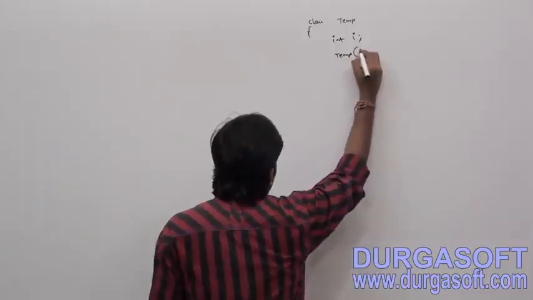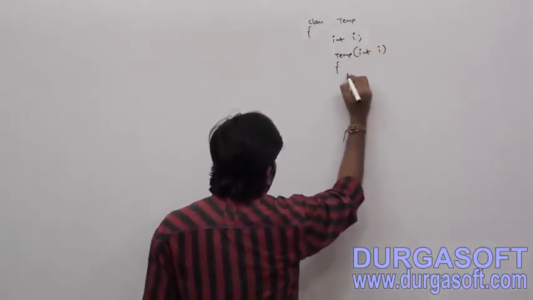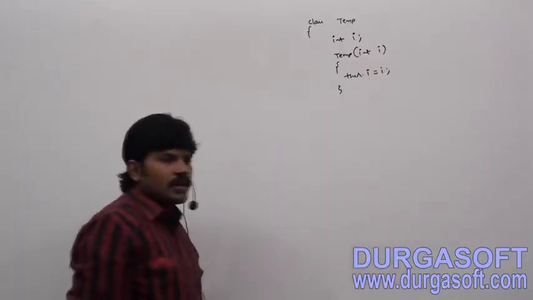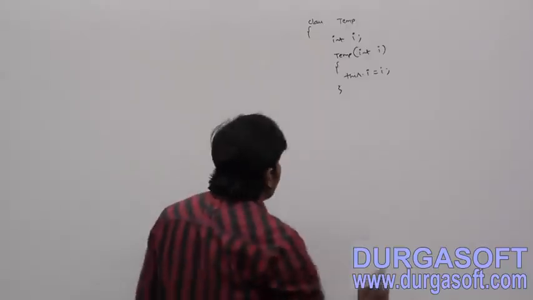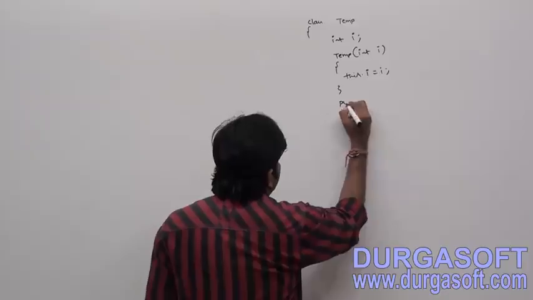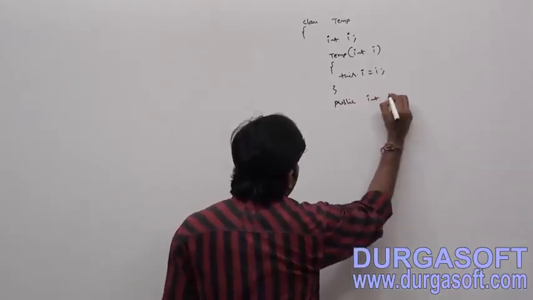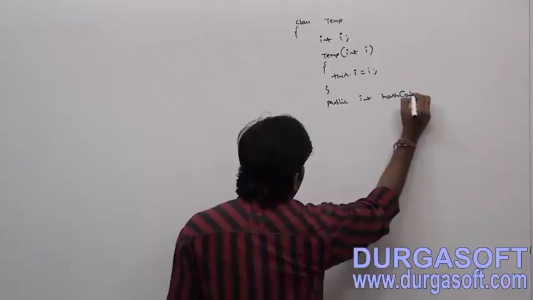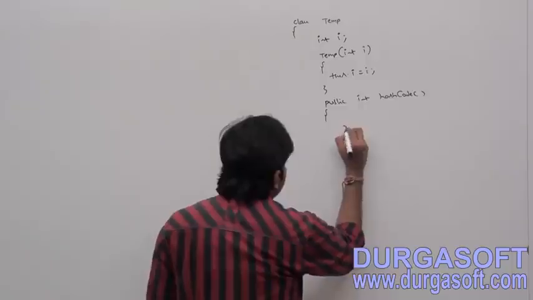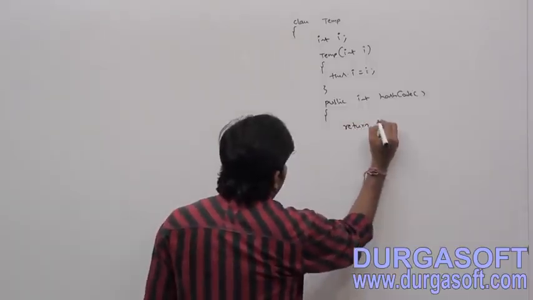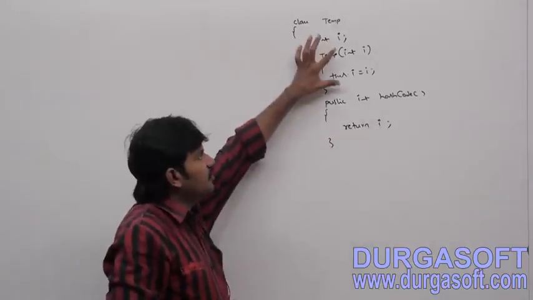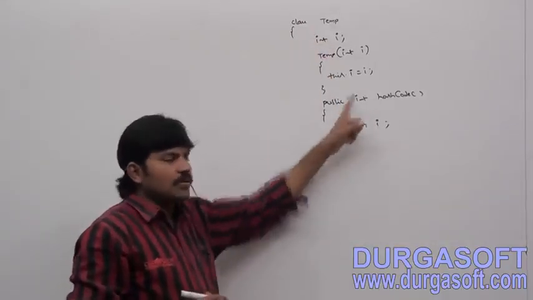Now Temp(int i) { this.i = i; }. Then observe: public int hashCode() { return i; }. Here just return the i value.